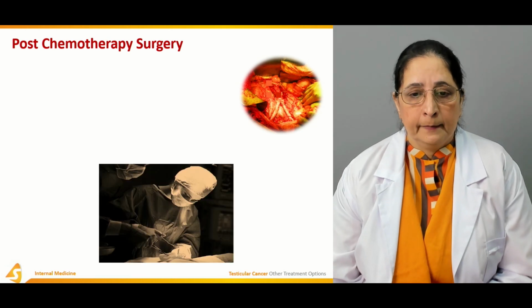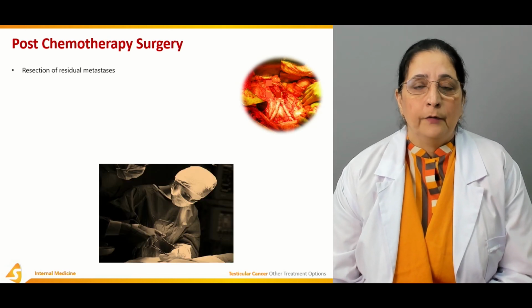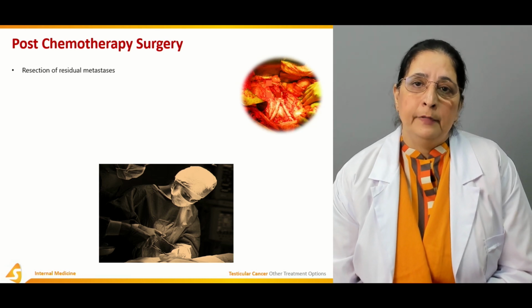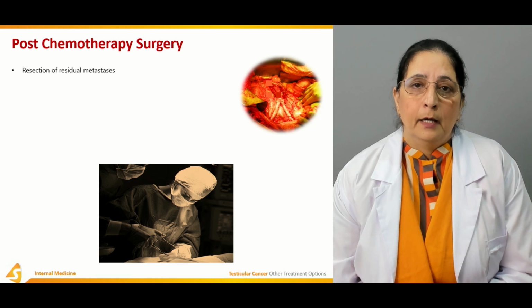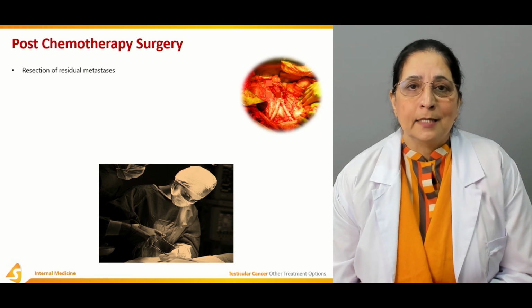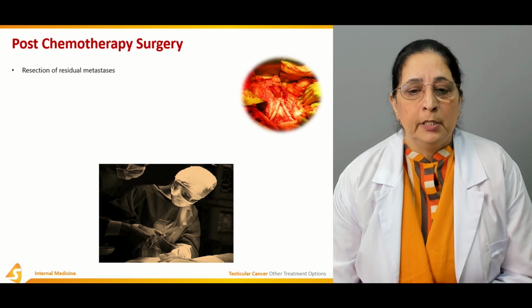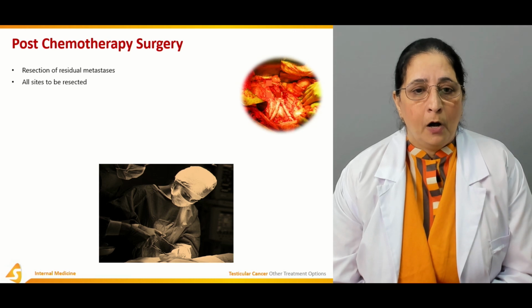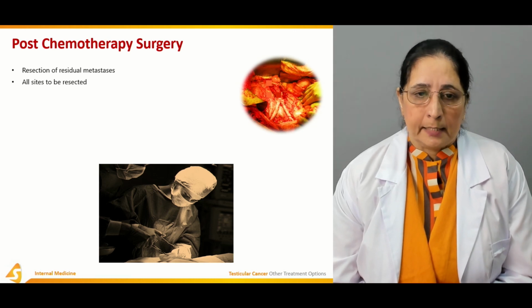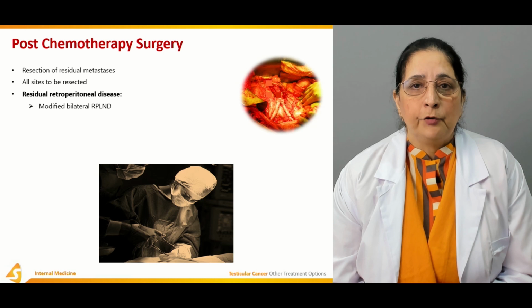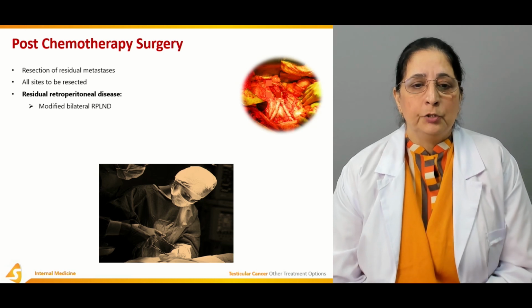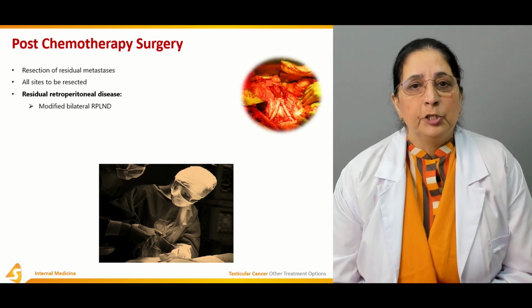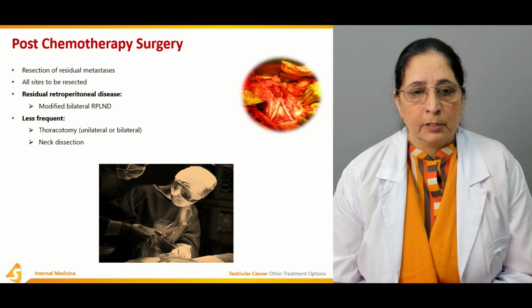Post-chemotherapy surgery: resection of residual metastasis. After the chemotherapy, if residual metastasis is present, then we should do the resection of residual metastasis. All sites are to be resected. For residual retroperitoneal disease, we should do a modified bilateral retroperitoneal lymph node dissection.